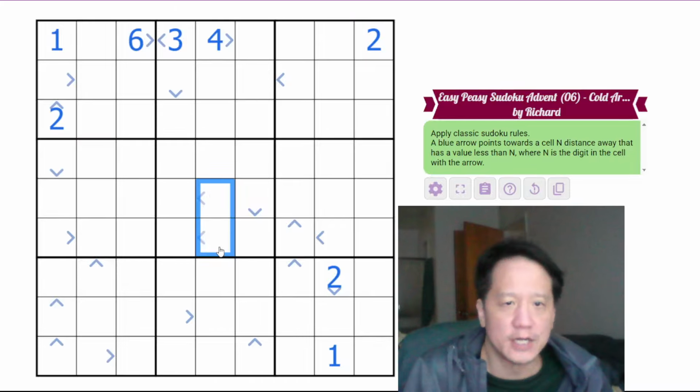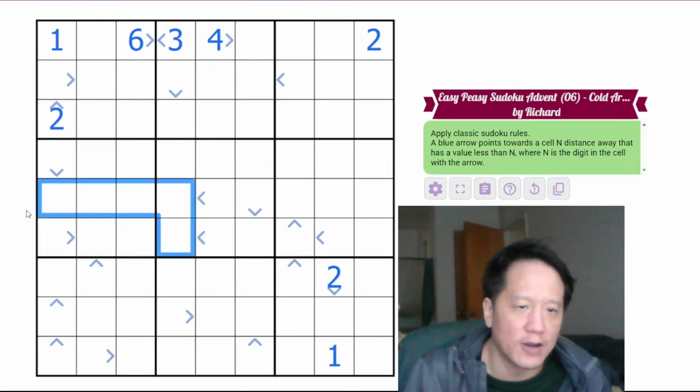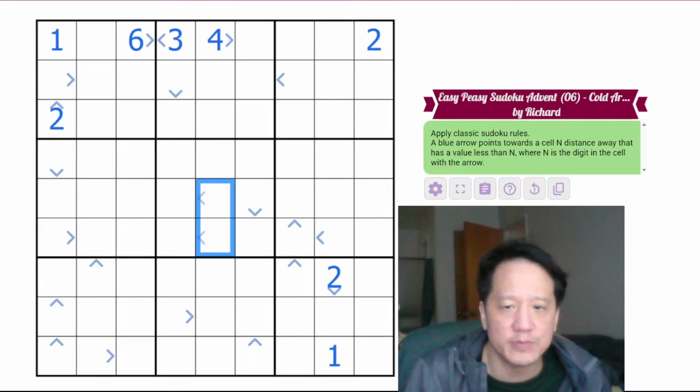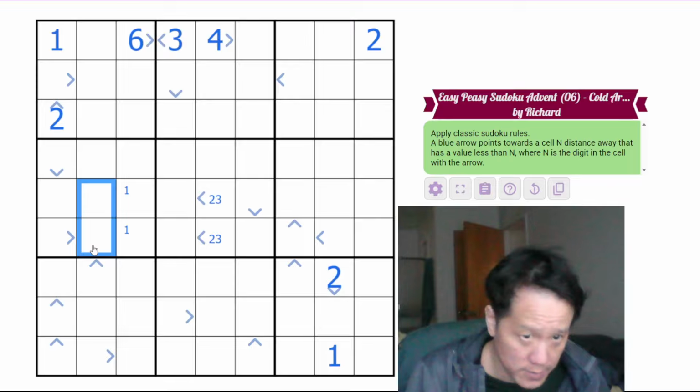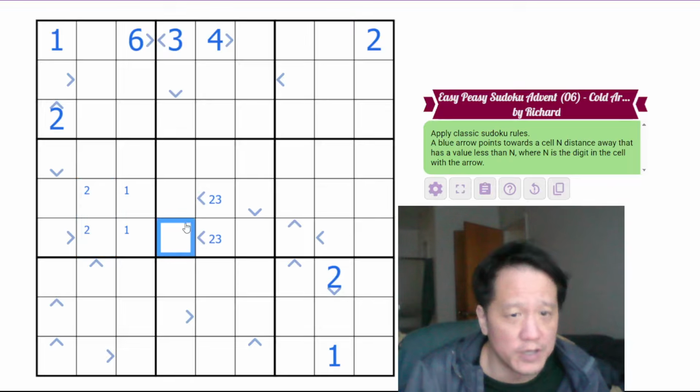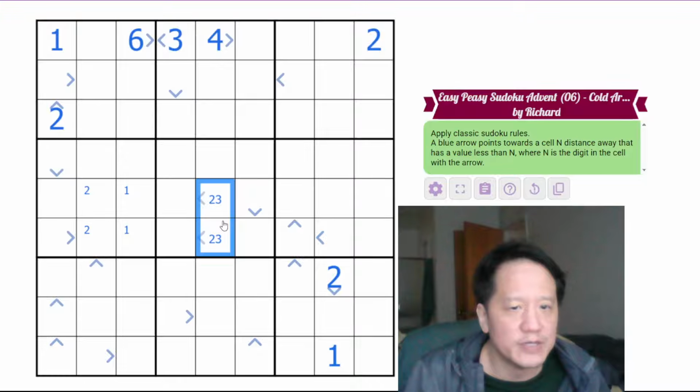These digits cannot be 4 away, but they are at most 4 away. So this has to be a combination of 2 and 3 away. So 2 away has to have 1 that's 1. 3 away, it cannot be 1. So this has to be 2 then, right? Because if not, what digit's going to be 3 away that's less than 3?